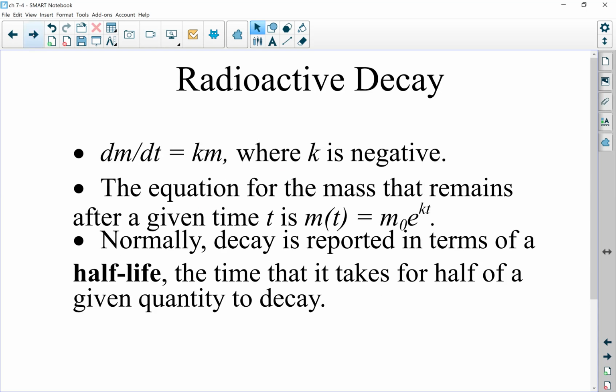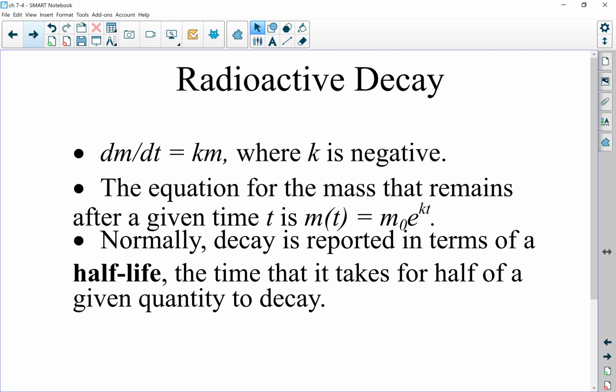All right, so if we're talking about exponential decay, and most often we talk about radioactive decay, again, the initial differential equation might be dm over dt is equal to some constant k times m, and in this case, that constant would be negative. If you think about it, so change in mass with respect to time is some negative constant times mass, because we want it to be decay.